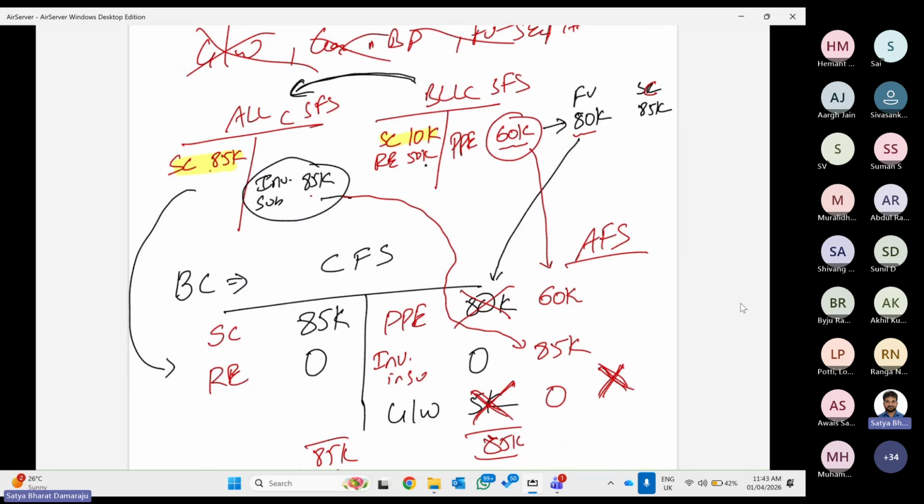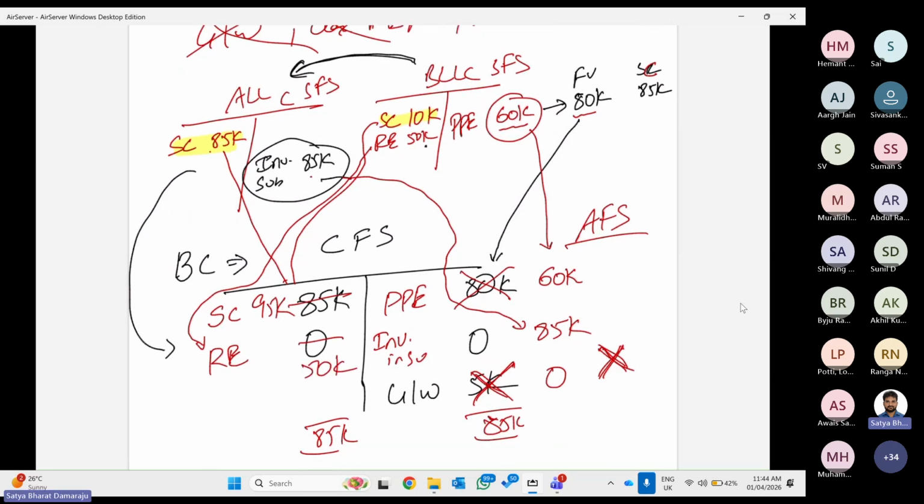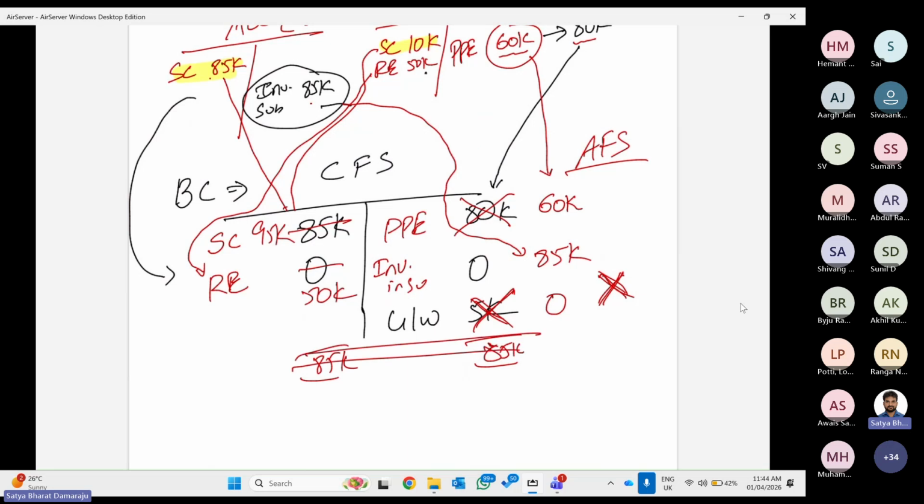Share capital, show both of them, 85,000 plus 10,000, together you show 95,000. Retained earnings, just bring it as it is. Show whatever, 50,000. So this is how you will have 90 plus 50, you have 145K, and here you have 145K. This is how you need to do it.